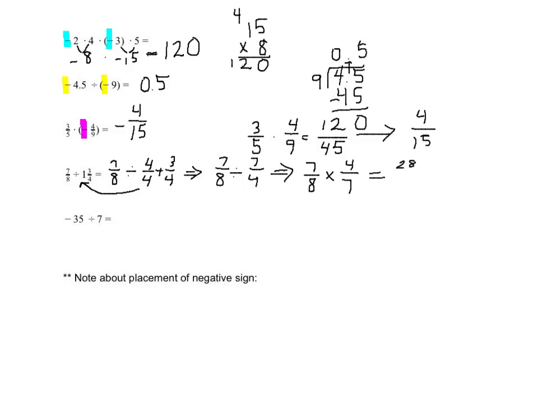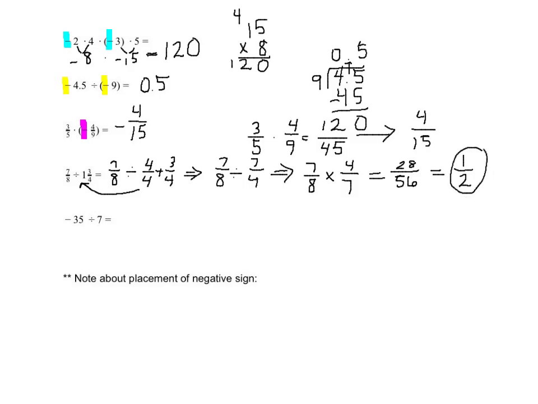So 7 times 4 gives us 28, and 8 times 7 gives us 56. Now, we're not quite done, are we? Because we can still reduce this. 28 over 56 actually simplifies down to 1/2, because 28 times 2 gives us 56. So then our answer is a positive 1/2.